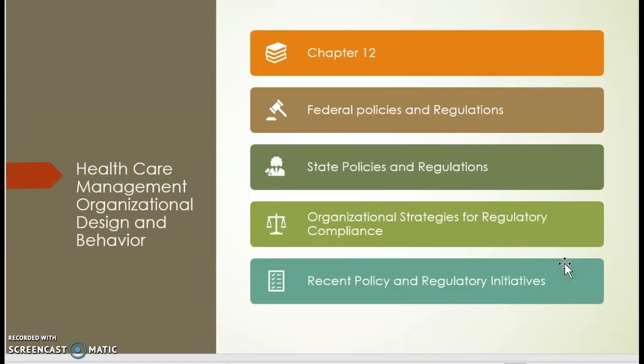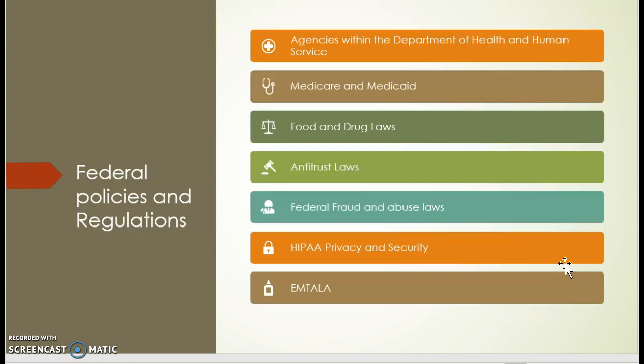So in our textbook, our reading this week for Healthcare Management, Organizational Design, and Behavior is Chapter 12. And there's 4 different content areas in Chapter 12. First one is federal policies and regulations. So this has to do with agencies that are within the Department of Health and Human Services.